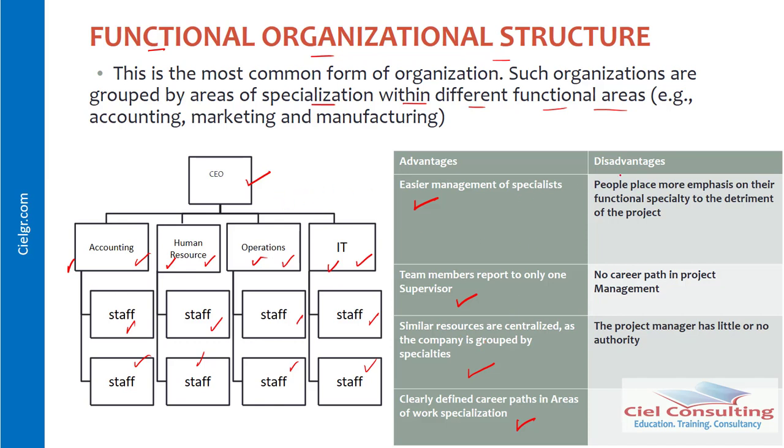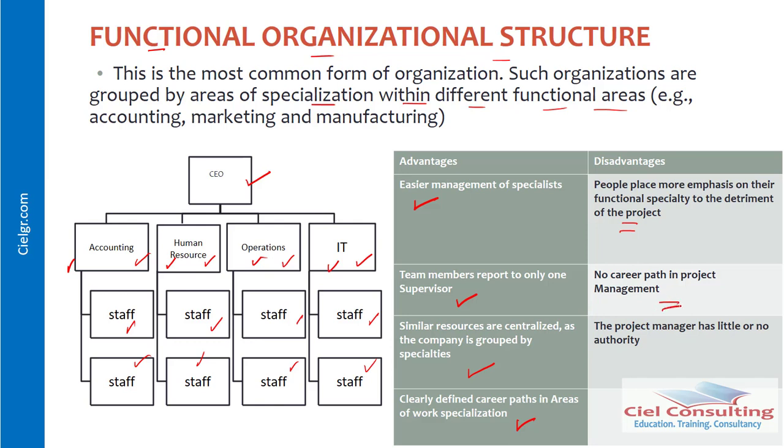But a major disadvantage of a functional organizational structure is that people place more emphasis on their functional specialty to the detriment of the project. What that simply means is that people focus more on their functional roles, and when you give them project tasks, because it's not part of their appraisal, you see them paying lackadaisical and non-cooperative attention to projects, and sometimes some of them might even go outrightly and make an effort to frustrate projects because they feel it's additional work being added to their job description.